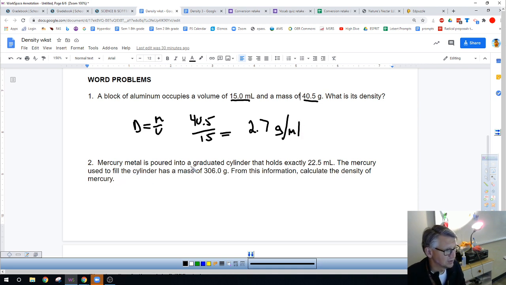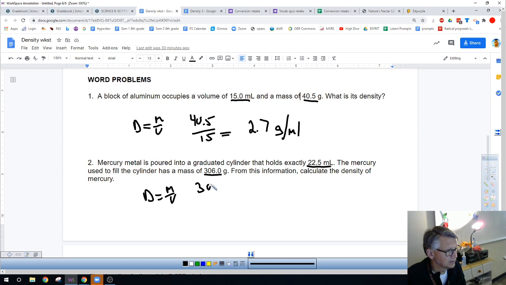A mercury metal is poured into a graduated cylinder that holds exactly 22.5 milliliters. The mercury is used to fill a cylinder that has a mass of that. From this information, calculate the density. Density is equal to mass divided by volume.